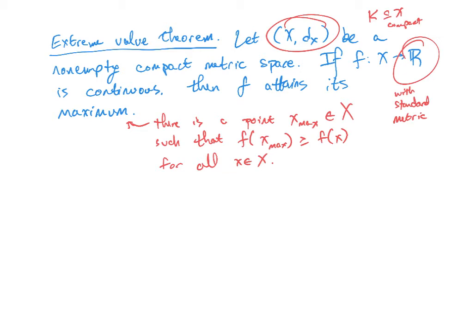We can restrict to K together with our metric restricted to K cross K. Right, and then that would be a compact metric space. Is that okay? So we haven't lost any generality. All we've done is save a variable.